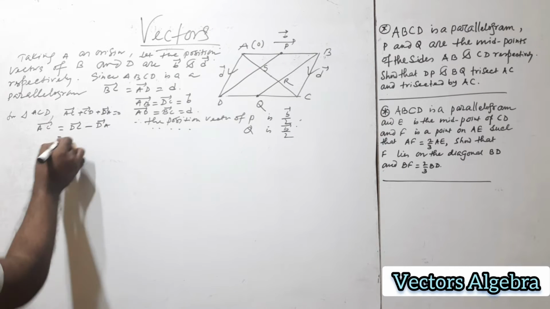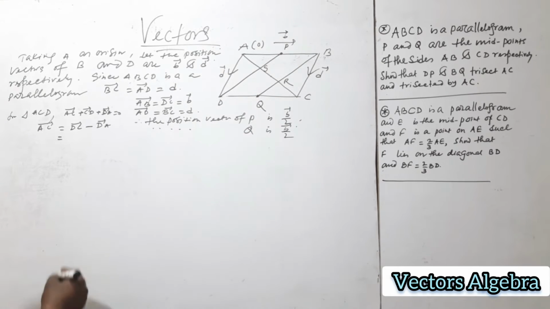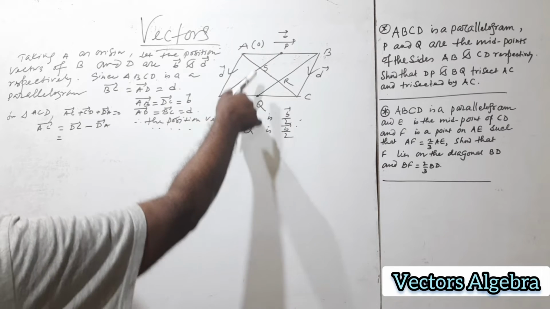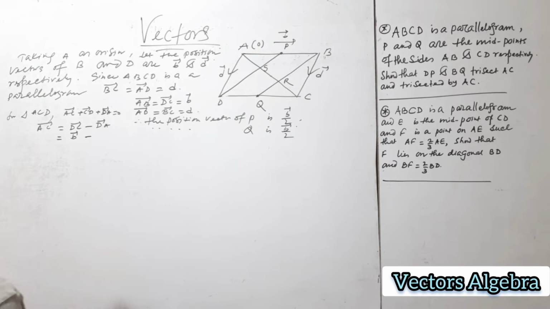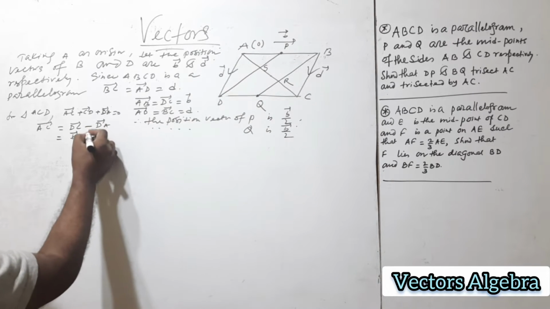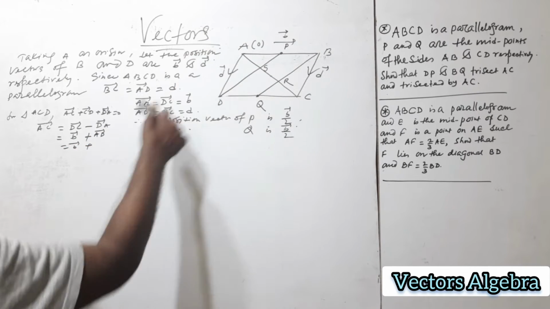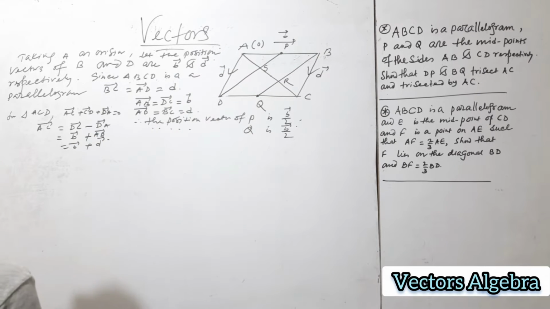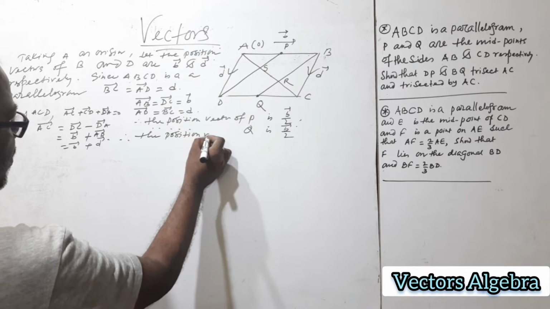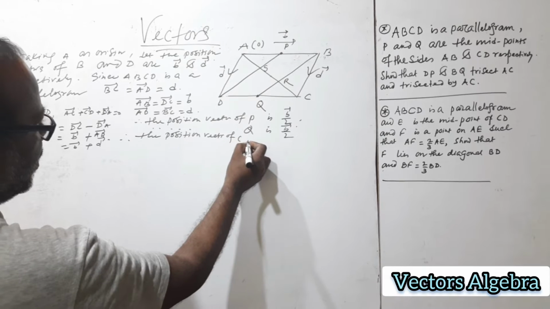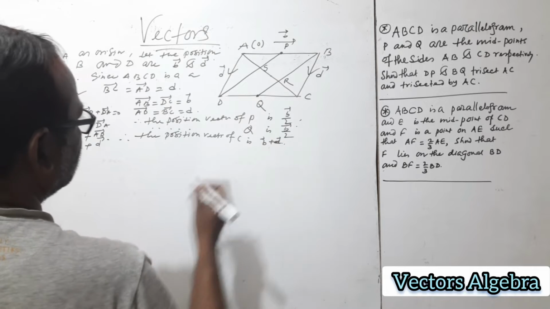Now DC, this is D to C, the position vector of DC is b. And DA can be written as minus AD, so it is b plus AD, that is d. Therefore the position vector of C is b plus d.